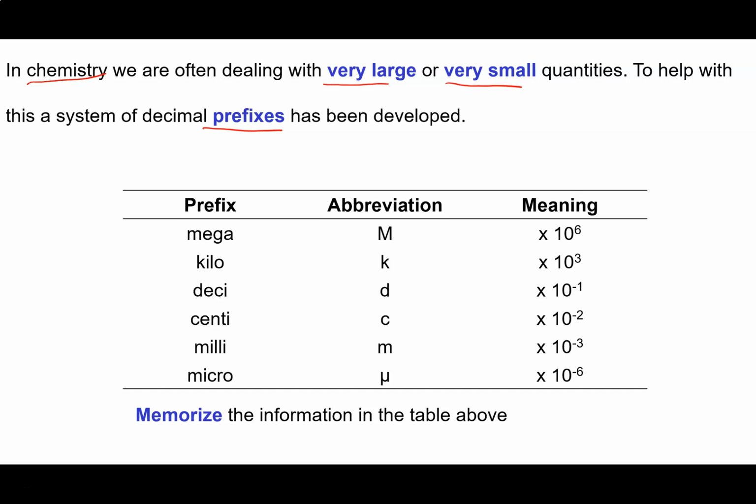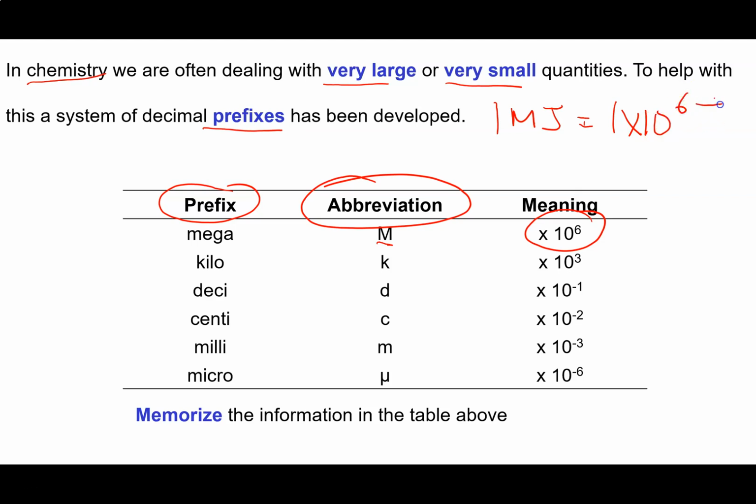So every decimal prefix has a name, and then it has an abbreviation for that particular prefix. So we have mega, which has the abbreviation uppercase M, and that means multiply by 10 to the 6. So if I have 1 megajoule, that means 1 times 10 to the 6 joules.